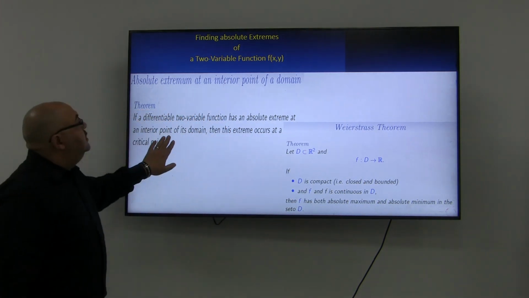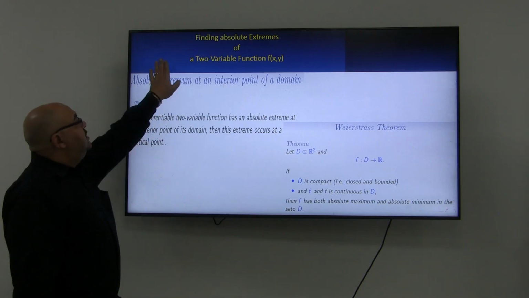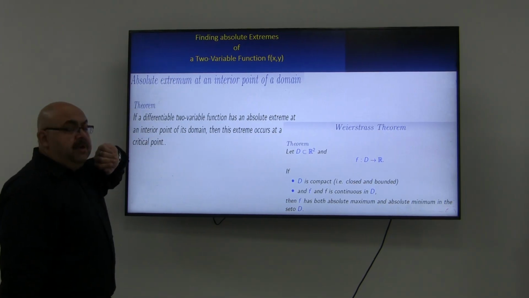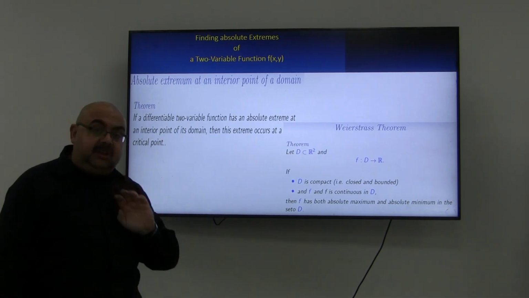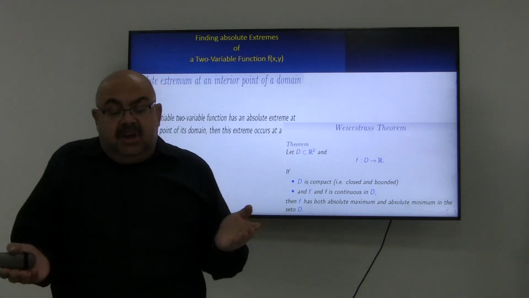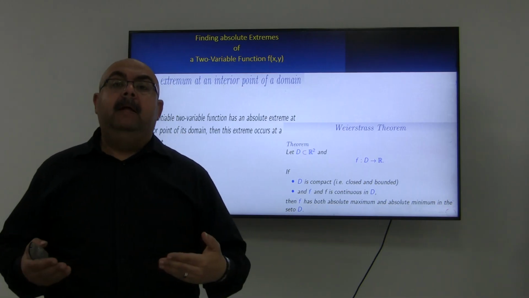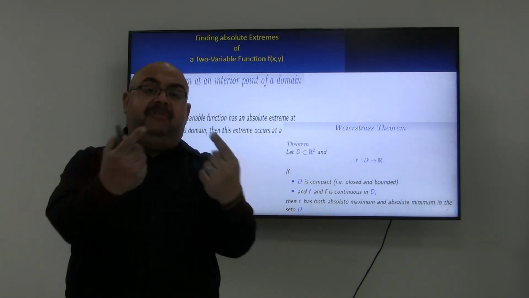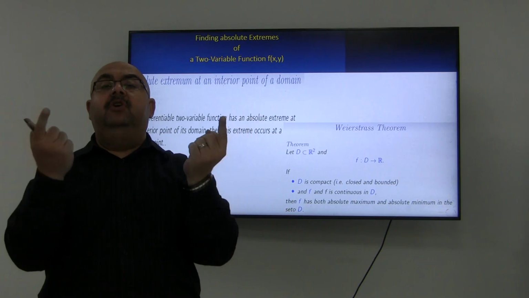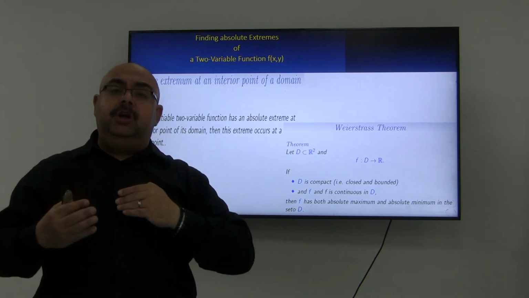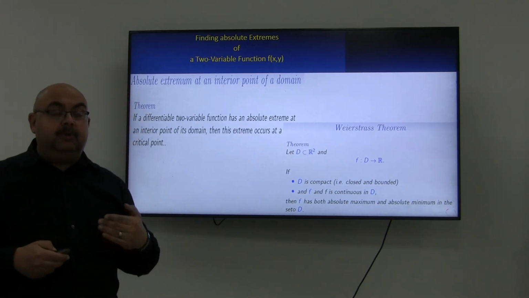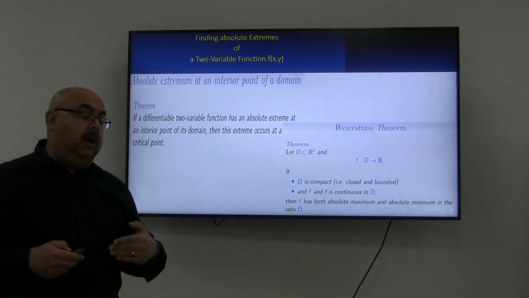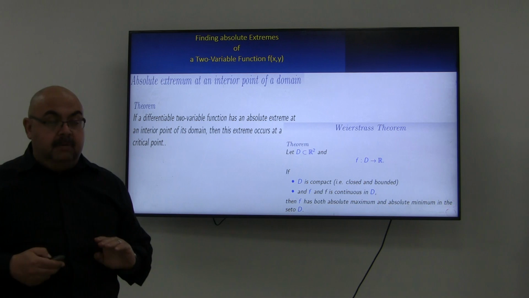So in order to discuss the case of absolute extremes, I will have to do the previous analysis to get the critical points or the stationary points inside my domain. Then I will have to check the values of the function at the boundaries and check if there is an absolute maximum or an absolute minimum.